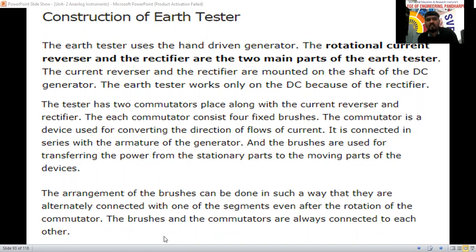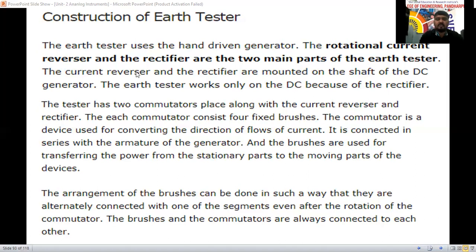The earth tester mainly has a rotational current reverser, rectifier, commutator, potential coils, pressure coils and current coils. These are the parts it consists of.